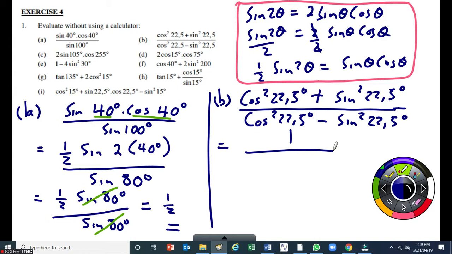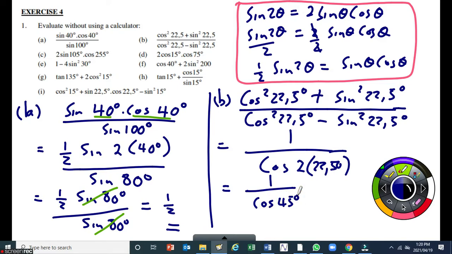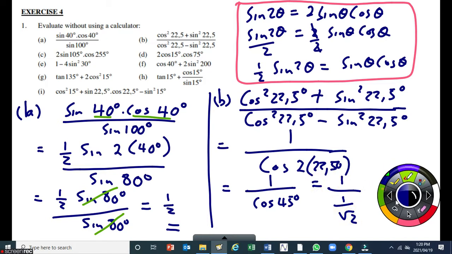And then the denominator, you see that it's cos squared 22.5 degrees minus sine squared 22.5 degrees. So it's exactly like number 1 for cosine, which means this 22.5 is like the theta. If I take it to the left, I will multiply by what? By 2. So this becomes cosine of 2 times 22.5 degrees. No calculator, okay? This becomes 1 over cosine of 45 degrees. Now, I know that cos 45 is equal to 1 over square root of 2.